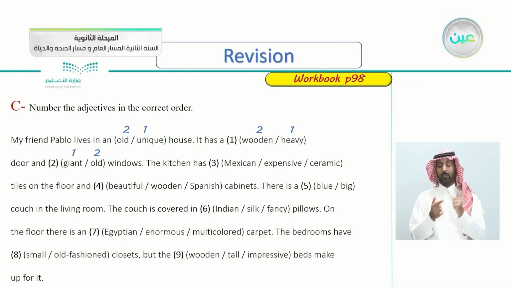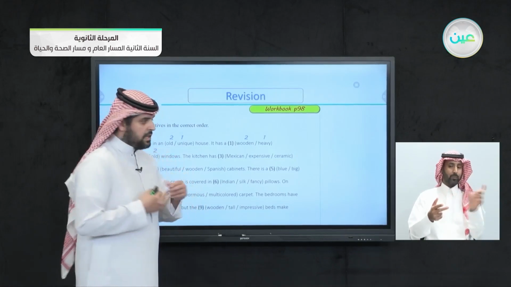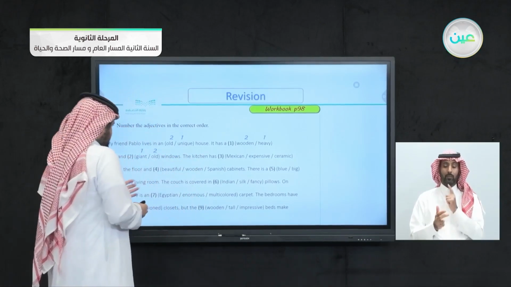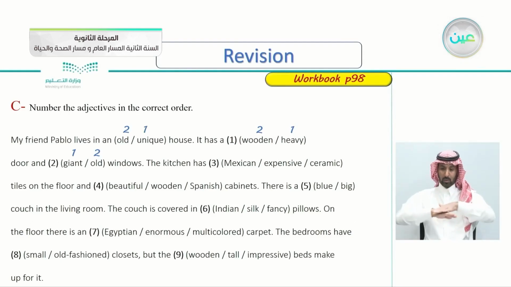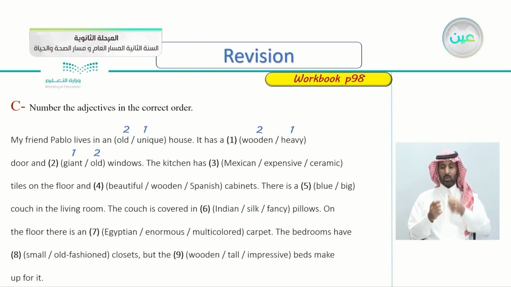The kitchen has Mexican expensive ceramic tiles. So now we have three adjectives, so we have to number them 1, 2, and 3. We are describing the tiles of the floor. Mexican, nationality, expensive, an opinion, ceramic, material.